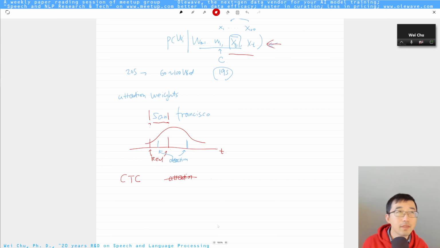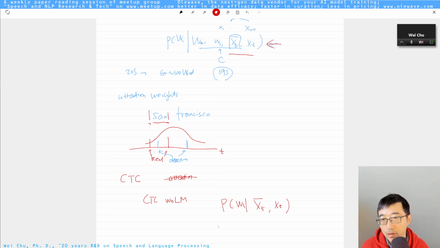And for CTC, suppose you just use CTC without a language model. I think then your PWI is completely like this.